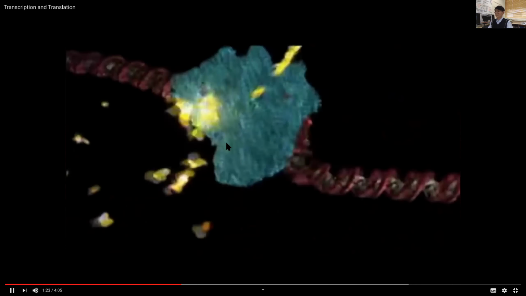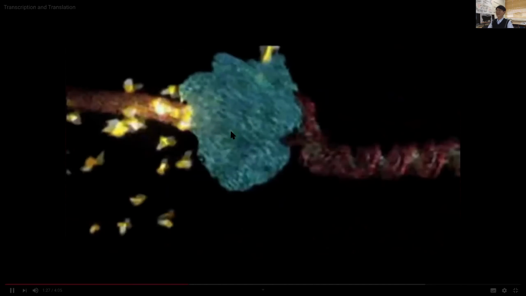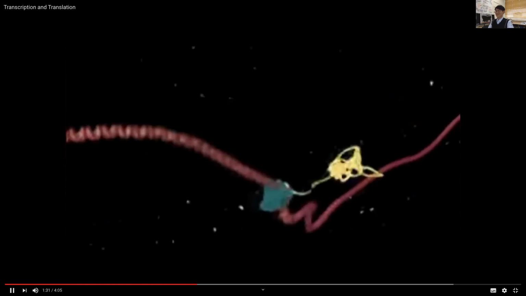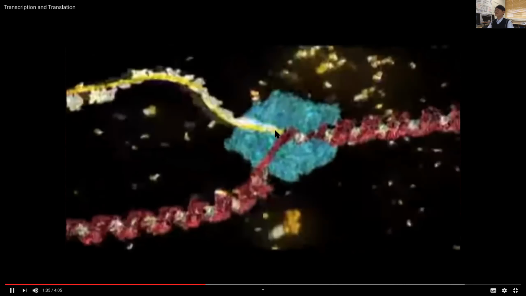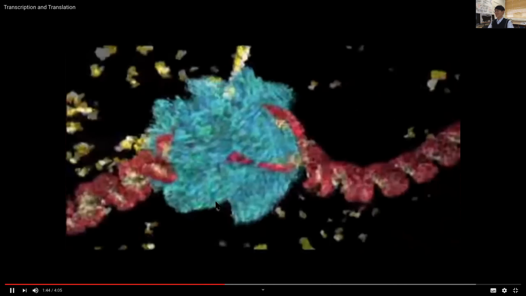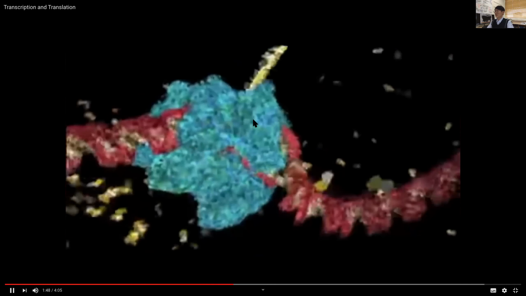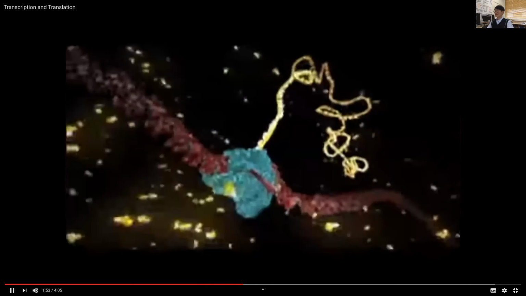They are matched to the DNA, letter by letter, to make an exact copy of the A's, C's, G's, and T's of the gene. The only difference is that in the RNA copy, the letter T is replaced with a closely related nucleic acid known as U. You are watching this process, called transcription, in real time. It's happening right now in almost every cell in your body.